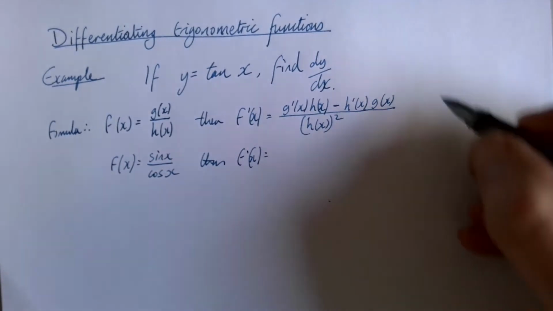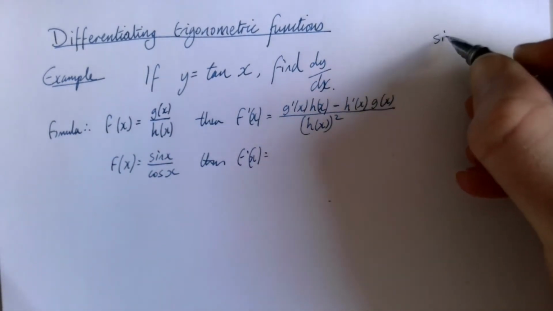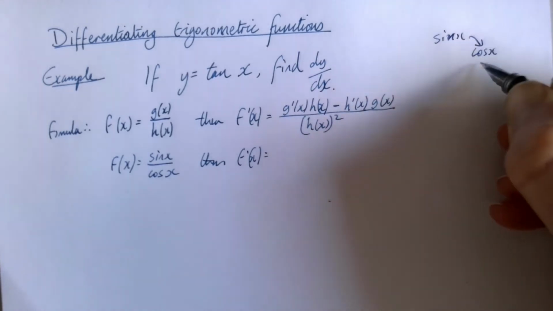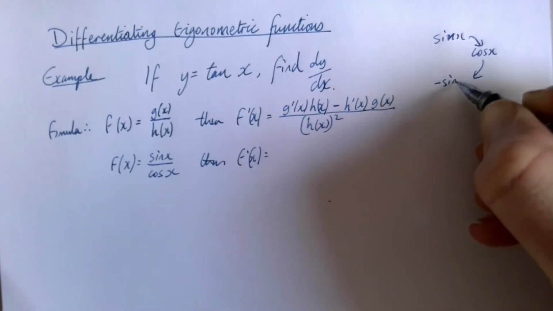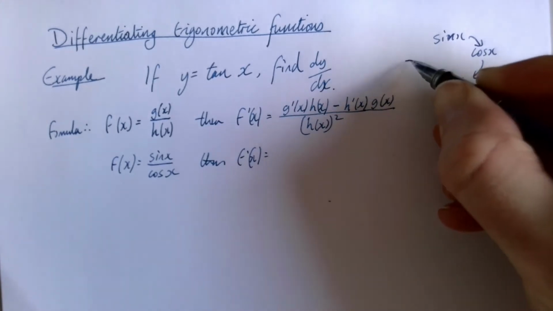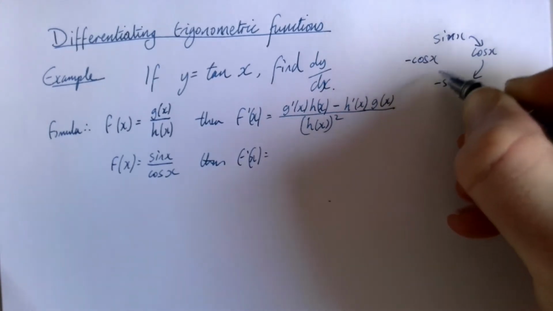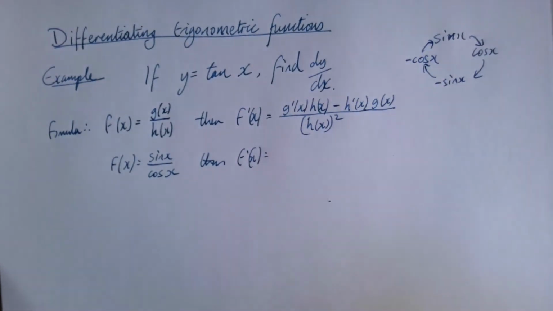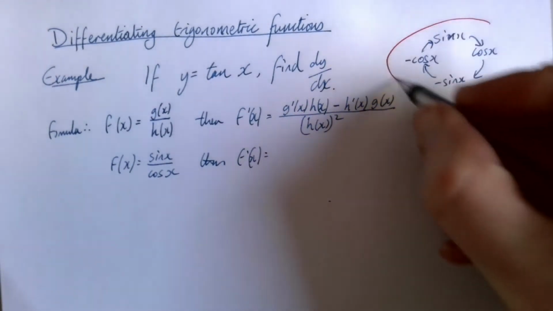Now, how do we do that again? Remember our circle of truth. So we've got sine x, cos x, differentiates to negative sine x, differentiates to negative cos x. So we've got that circle of truth.